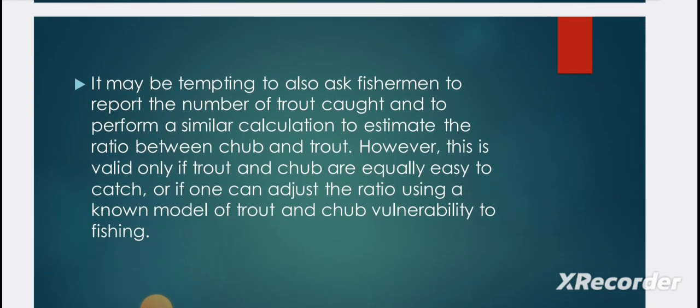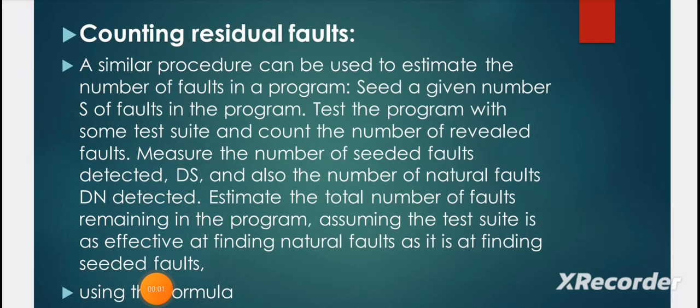It is very interesting to know about the calculation to estimate the ratio between the chub and the trout. Let's move ahead to the next population size estimation, that is counting residual faults. A similar procedure can be used to estimate the number of faults in the program. Here, seed a given number S of faults in the program.